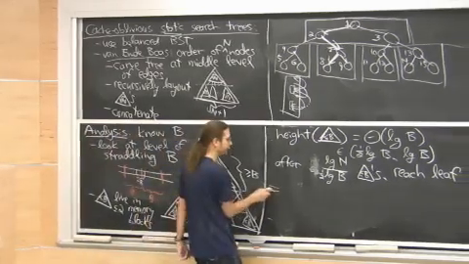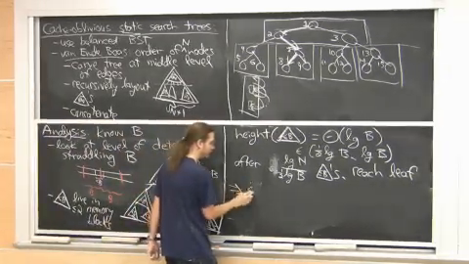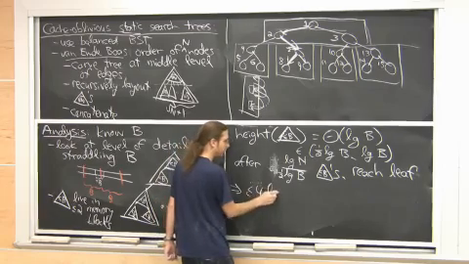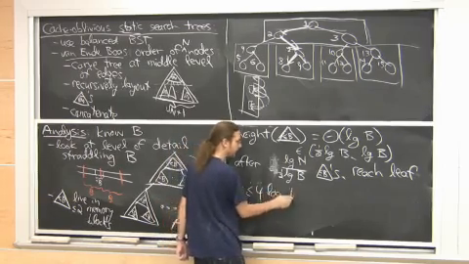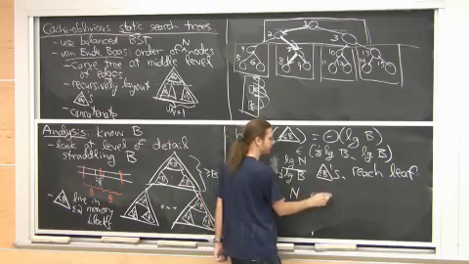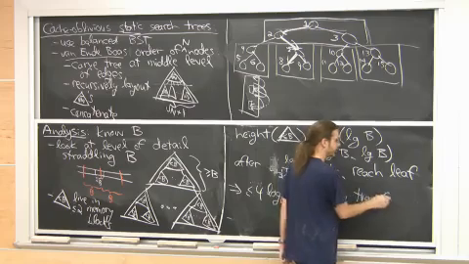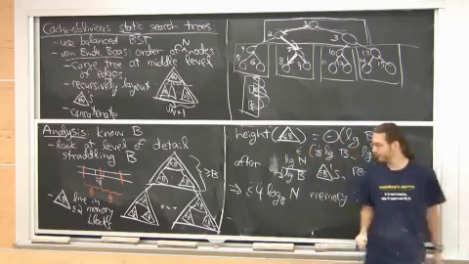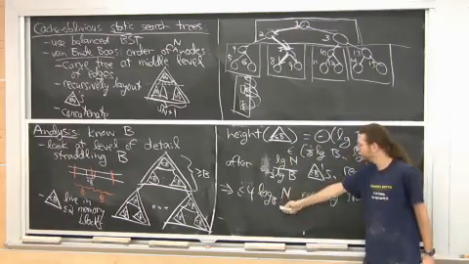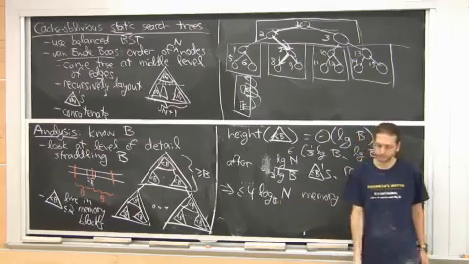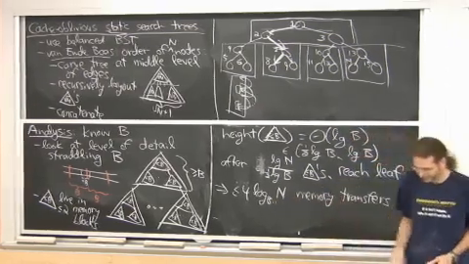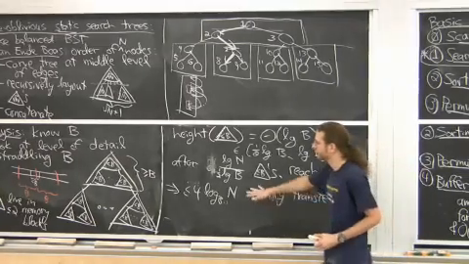So this implies at most 4 log base B of N memory transfers. And I implicitly assumed here that B is not 1, otherwise you need a B plus 1 here. But to be interesting, as long as B isn't 1, then it doesn't matter.